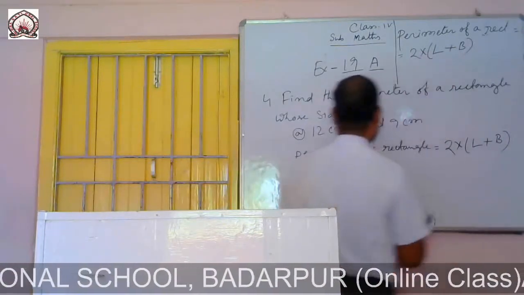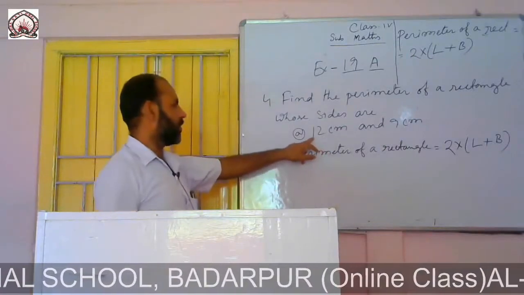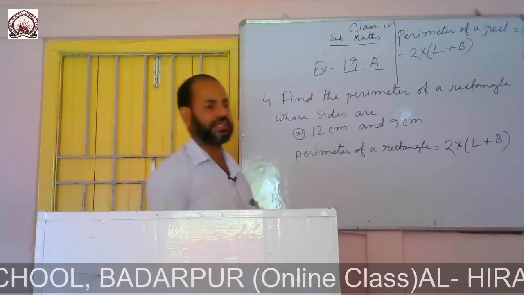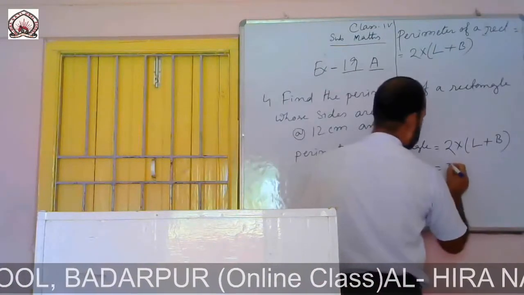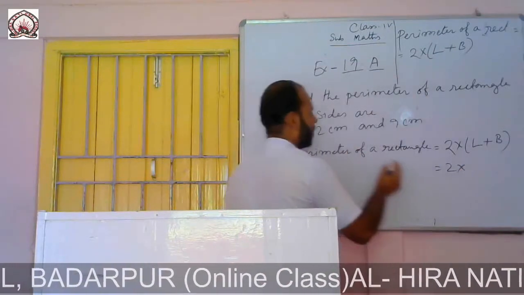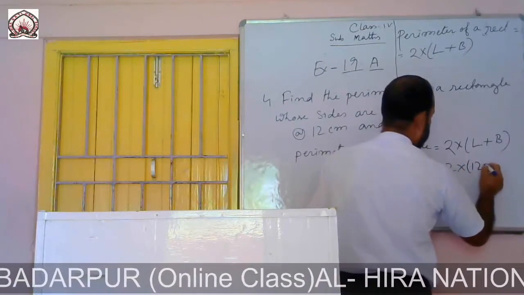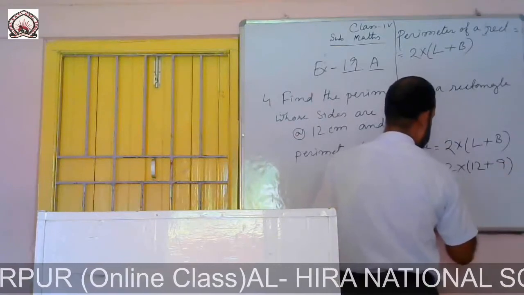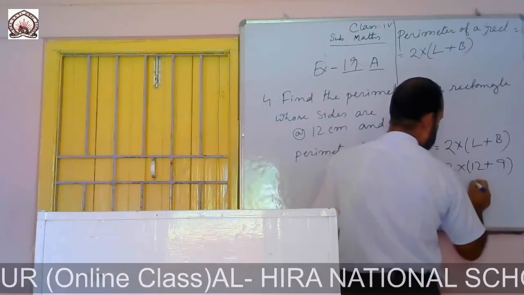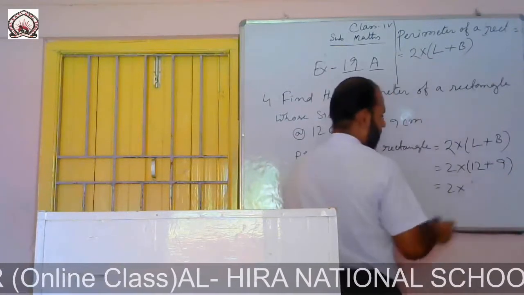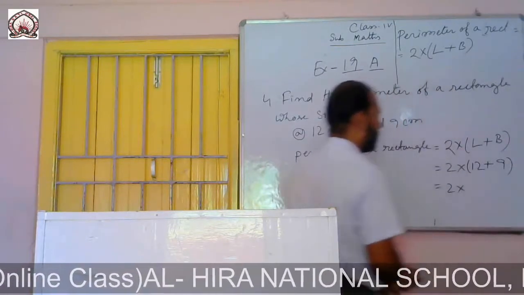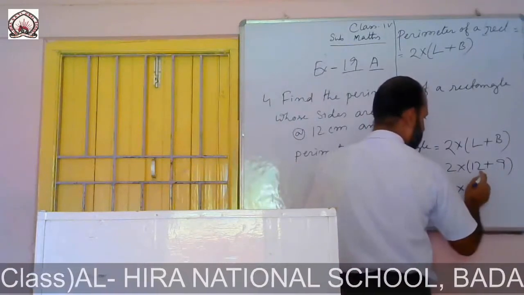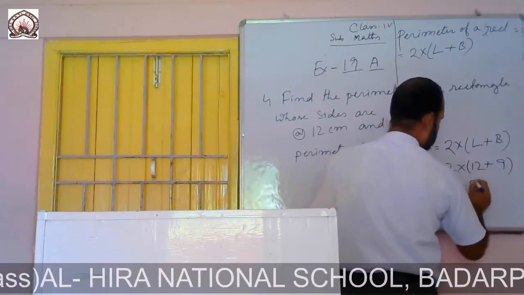So here length equal to 12 centimeter and breadth equal to 9 centimeter. So 2 into 12 plus 9. 12 plus 9 is equal to 21.